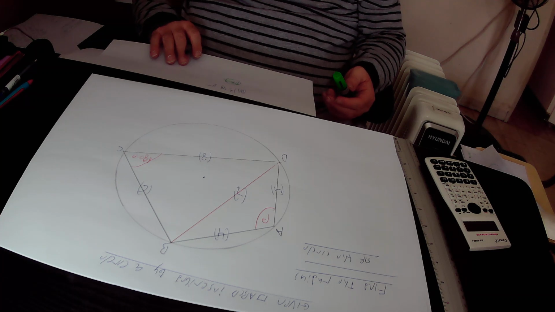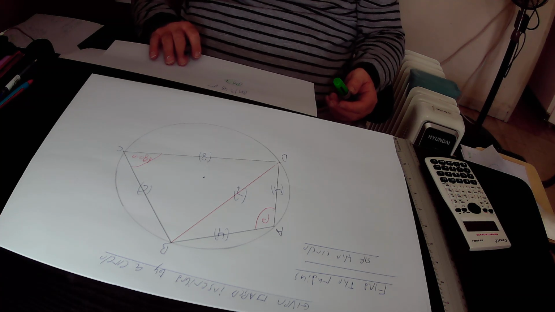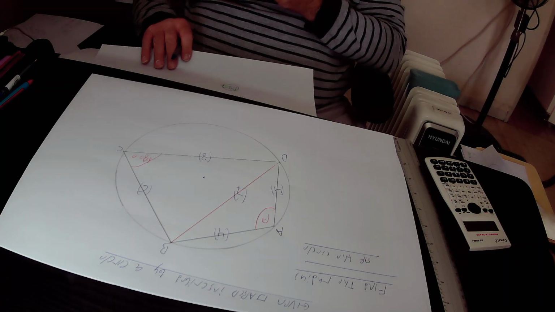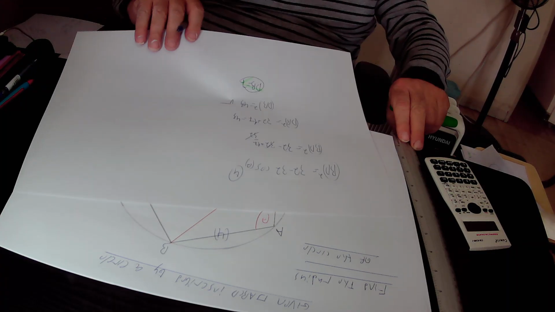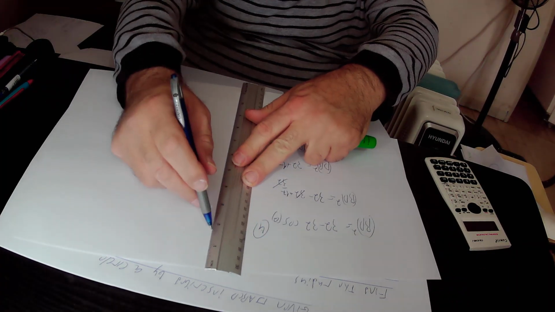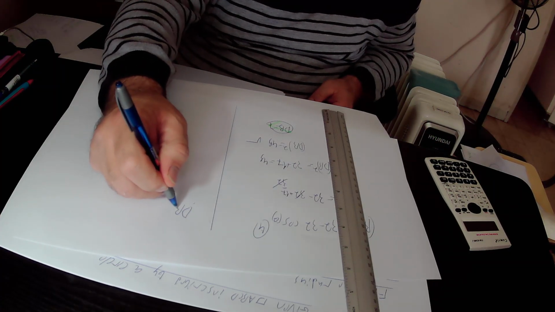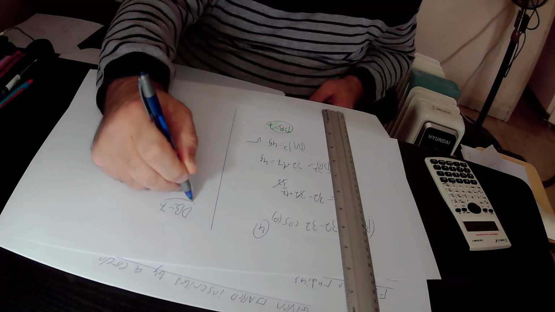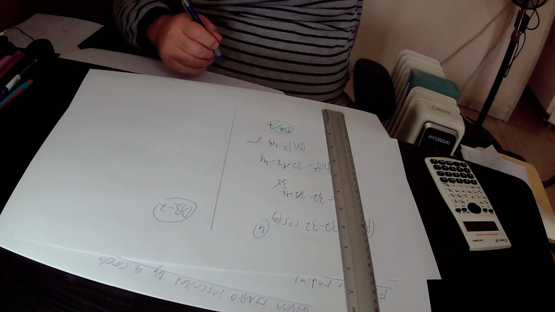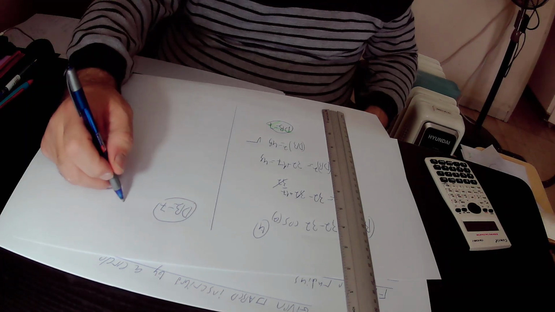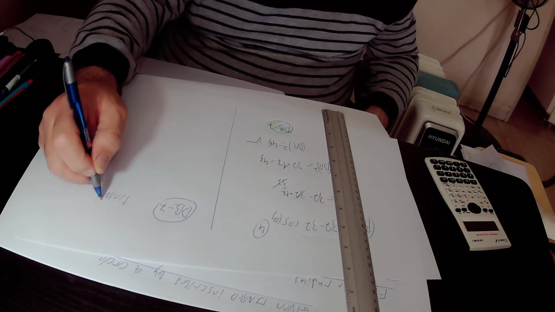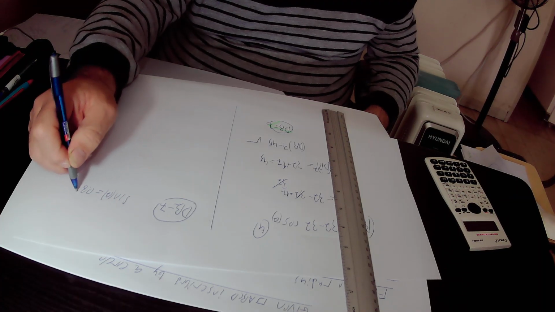And we already found out that sine theta equals 0.847. Side BD equals 7 units, and sine theta equals 0.847.